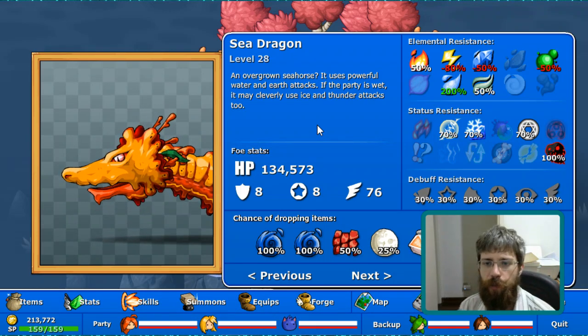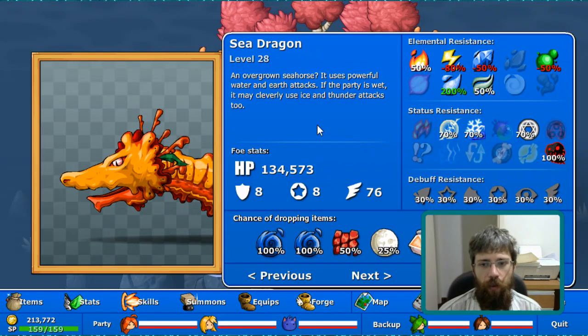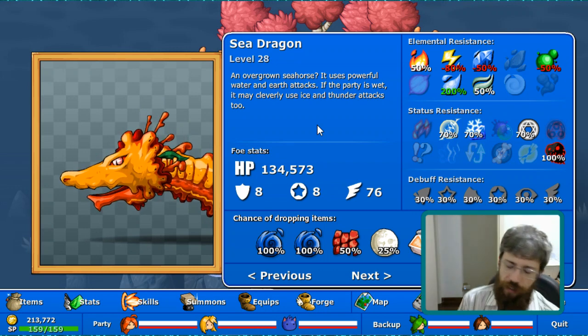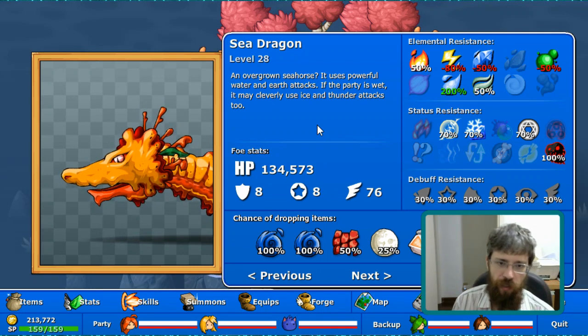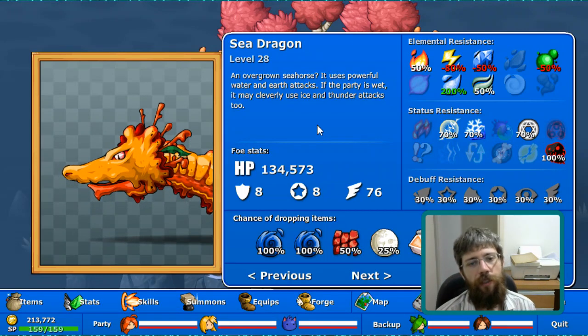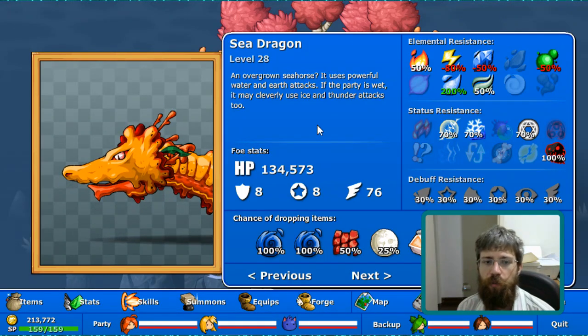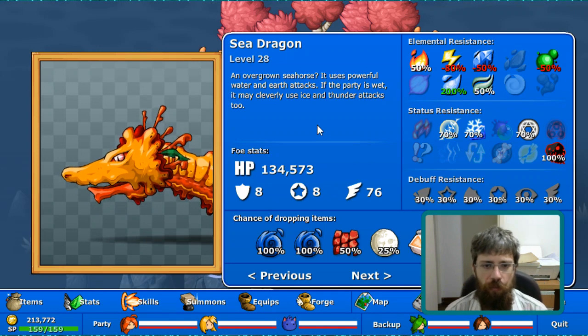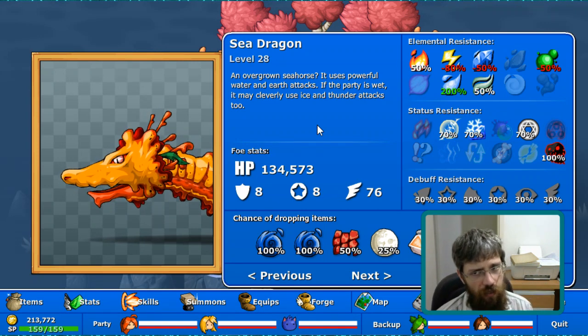Strong, big, whatever. So all that said, let's stick to the basics, right? The idea of this being a dragon was also a part of the creative vision here. I could say a sea dragon specifically, or just a dragon. I don't know.